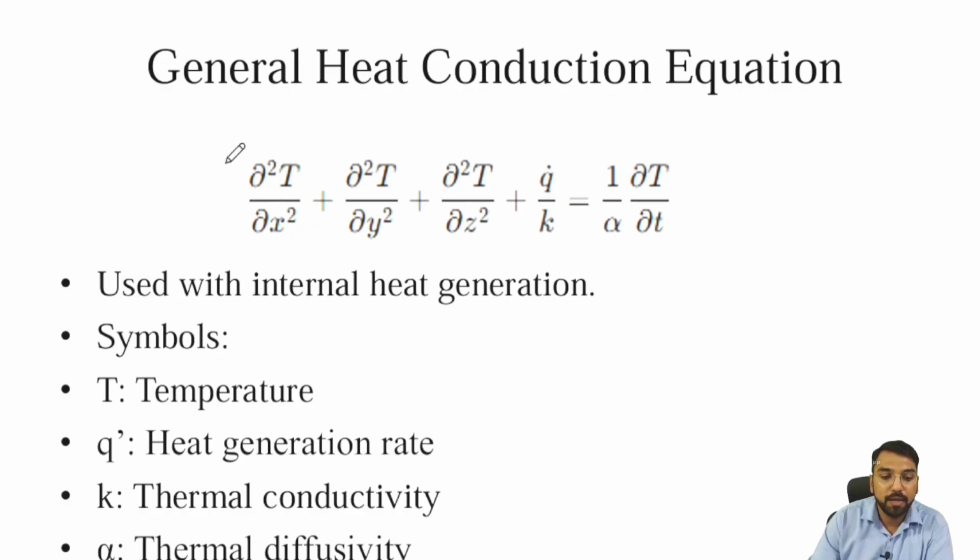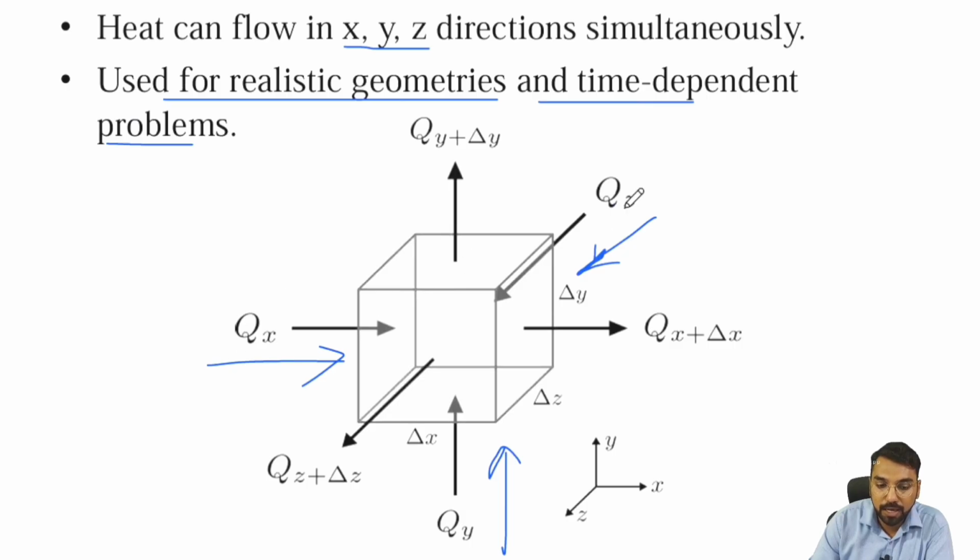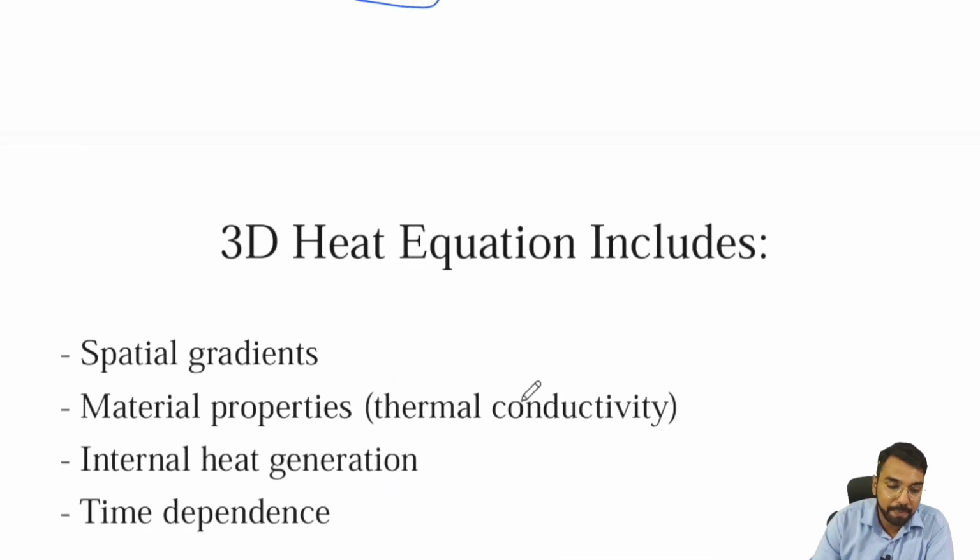So in the general heat conduction equation, this is the x directional temperature term, this is the y directional temperature term, and this is the z directional temperature term, which we have seen in this diagram.